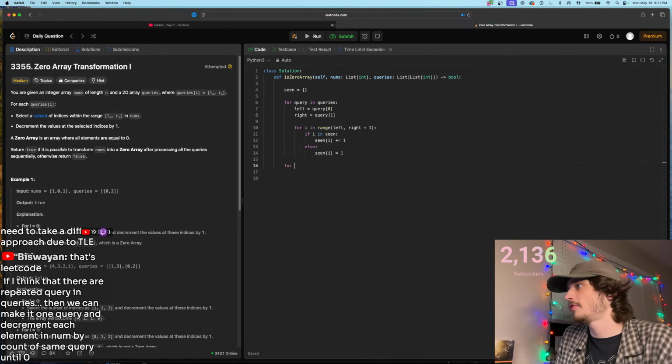And then we can say for key, value in seen dot items, nums index key less equals value.